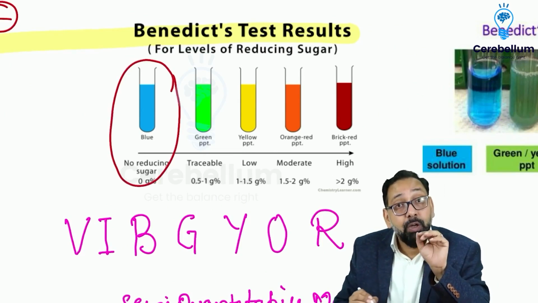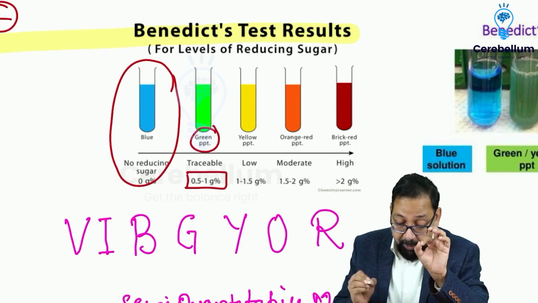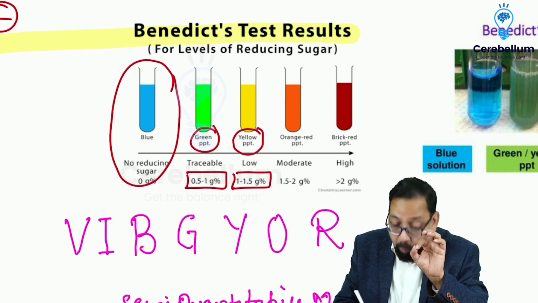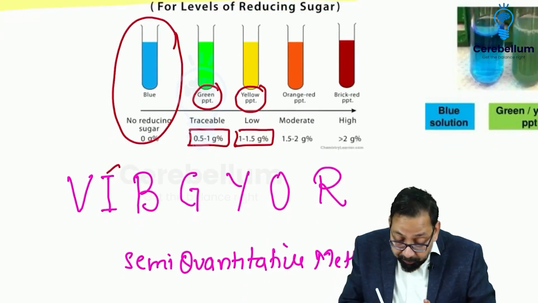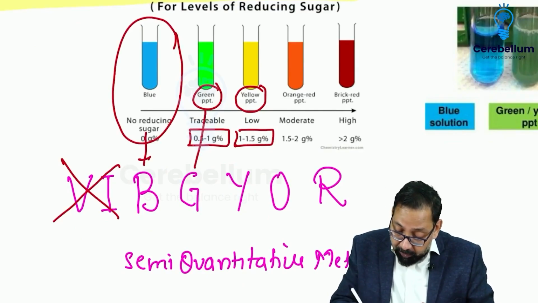But if the concentration of reducing sugar is 0.5 to 1 gram percent, it will be green. If 1 to 1.5 gram percent, it would be yellow. How will you remember the sequence? VIBGYOR. Just remove VI: blue, green, yellow, orange, red.